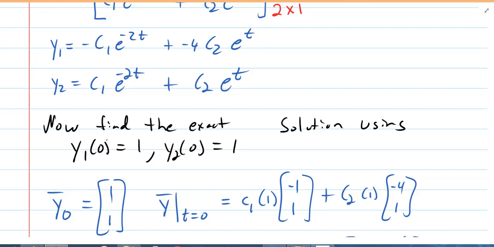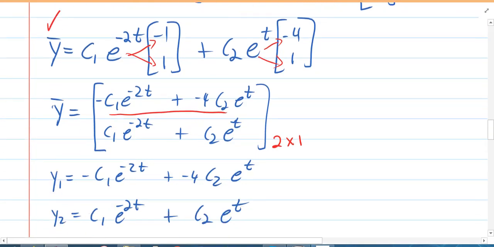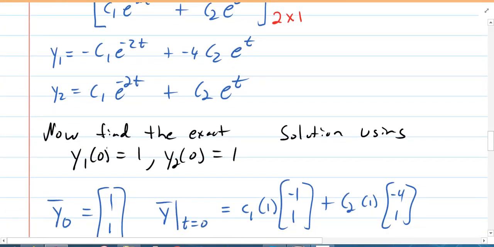I can then go back and evaluate, and I'm going to go back up here and do this form here, I think. Yeah. So all of this at t equal to 0 is what? E to the 0 is 1. So this just becomes C1 times the column and C2 times the column.